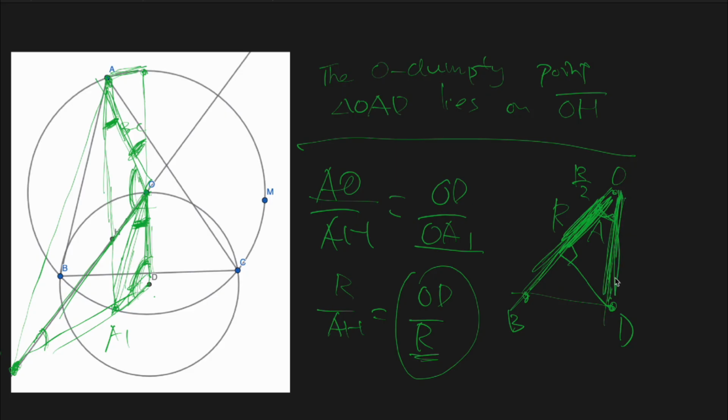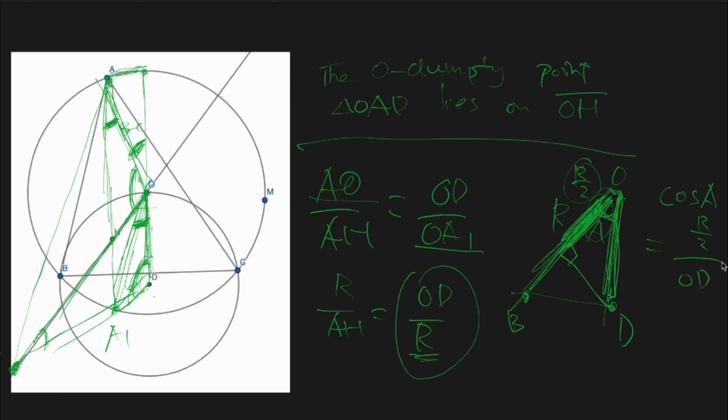And so we can express this length with these two quantities. With trigonometry, we know that cosine A is equal to R over 2 over OD.